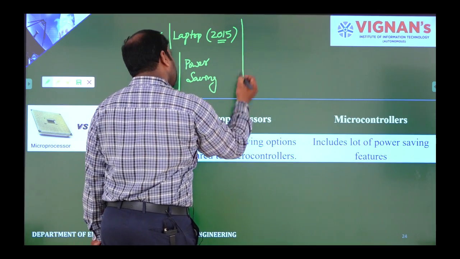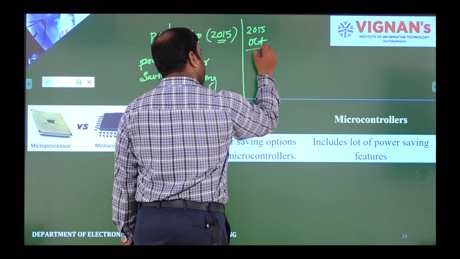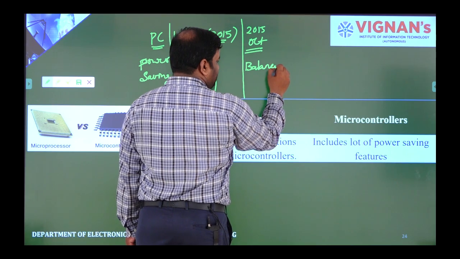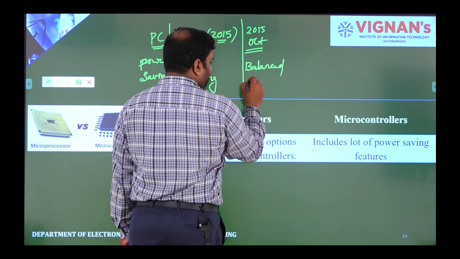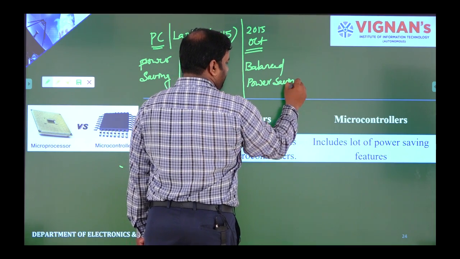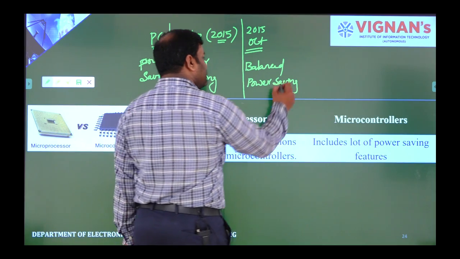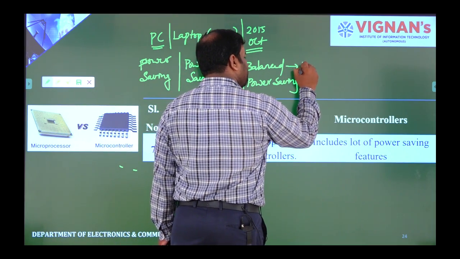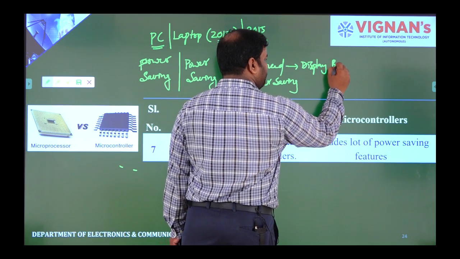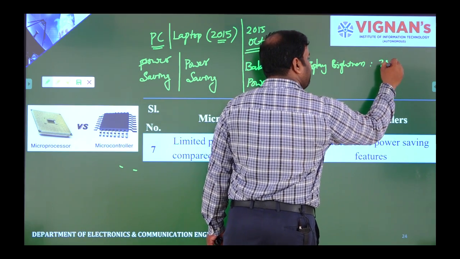But after October 2015, laptops have two modes: balanced power option or power saving option. Balanced means it will provide display brightness up to a minimum of 30%.